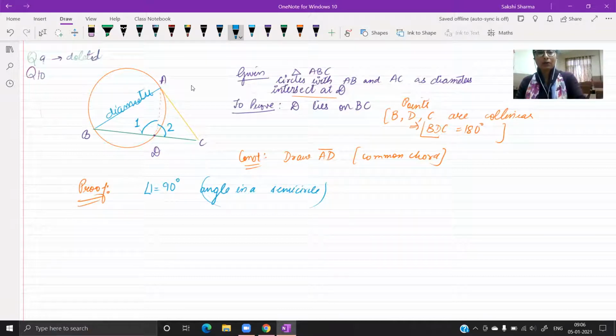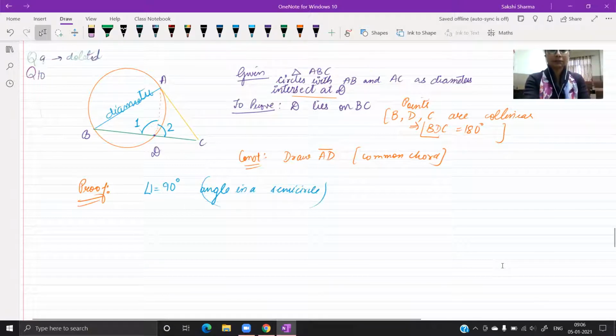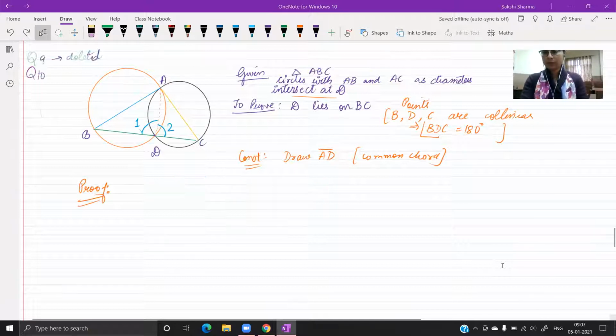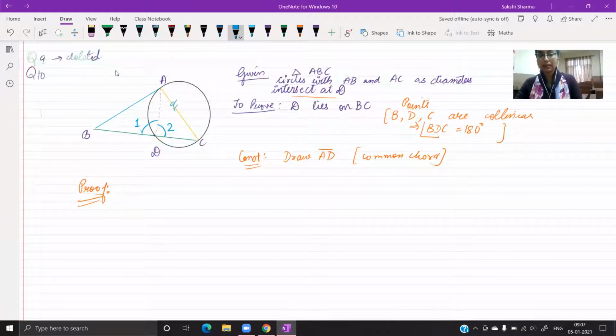Similarly, if I go to the second circle and ignore the first one, looking at the second circle, AP is the diameter.